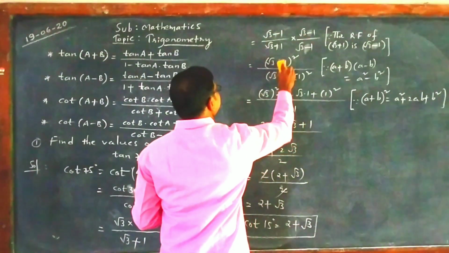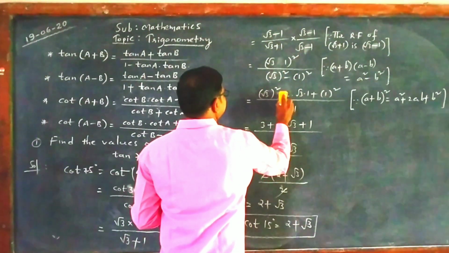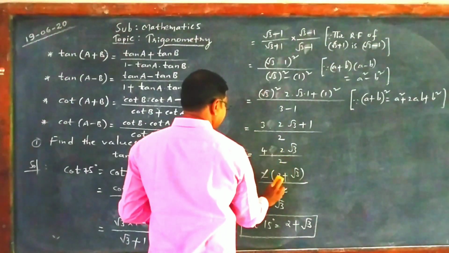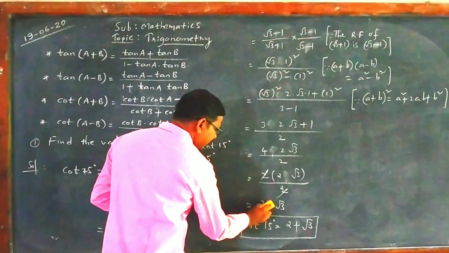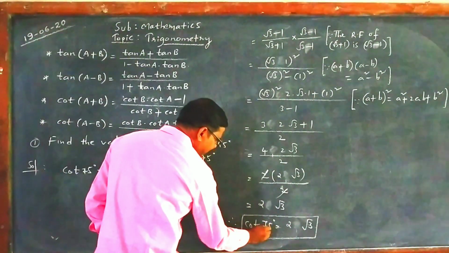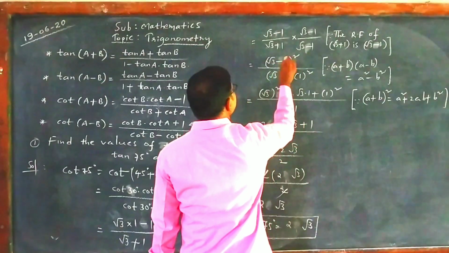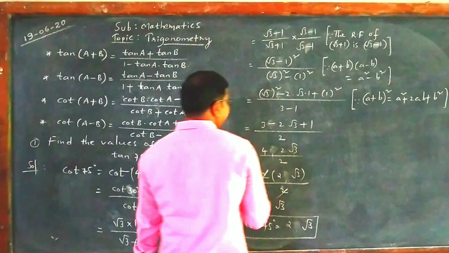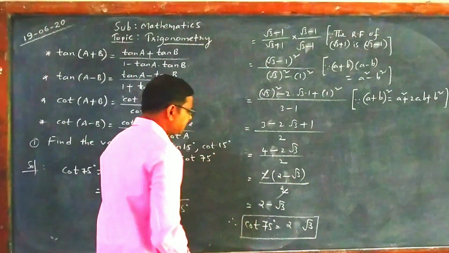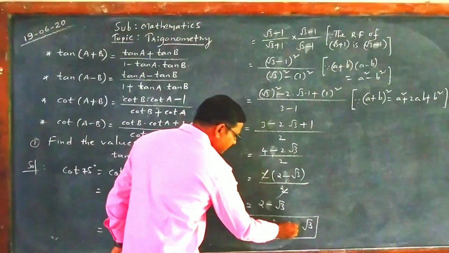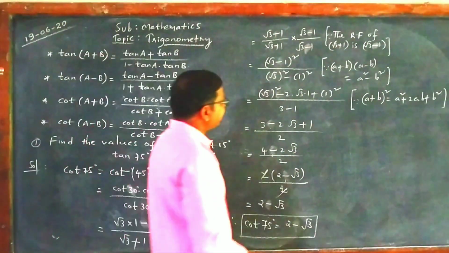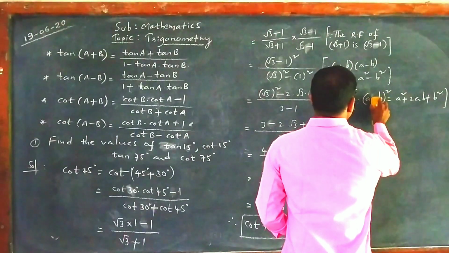Here root 3 minus 1 whole square, here minus, minus, minus. This is cot 75. So what is the value of cot 75? 2 minus root 3. Here I used a minus b whole square.